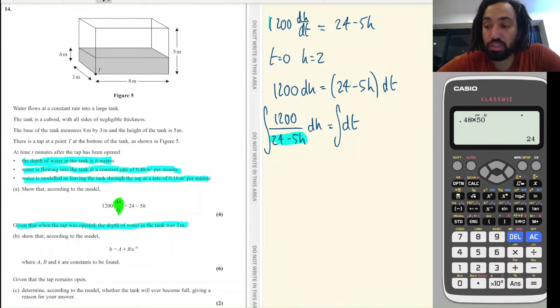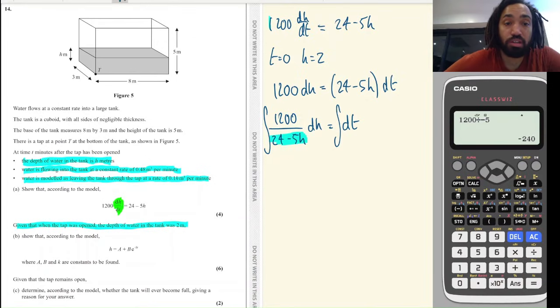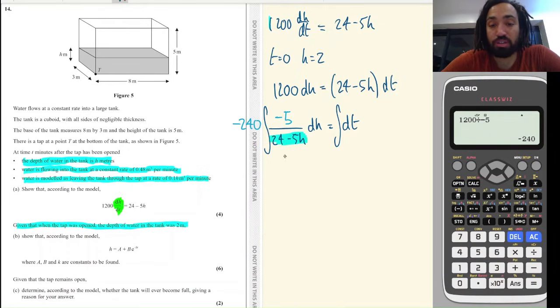So if I wanted that top bit to be minus 5, well, what I would need to do is take out a factor of minus 240. So that's what I'm going to do. I'm going to take out a factor of minus 240, which means I can divide the top line by minus 240, and that's going to give us minus 5. Perfect, so I can write that as minus 5 there. Okay, because minus 5 times minus 240 is the 1200 which we had on the top.